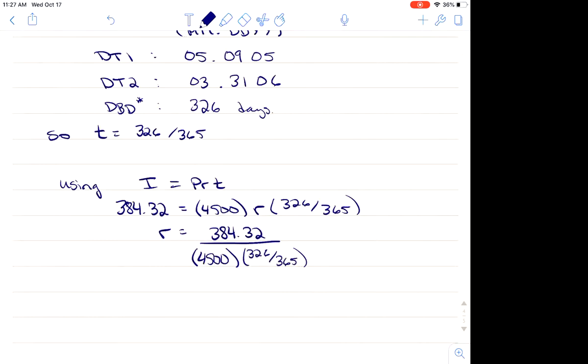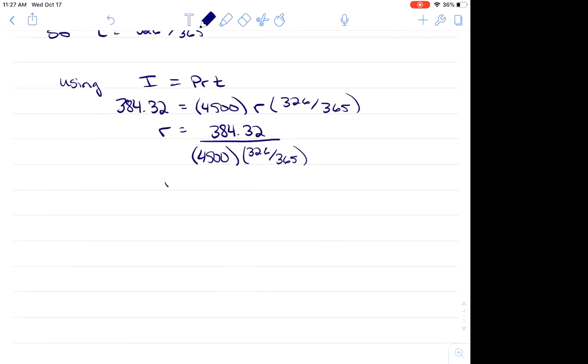I can simplify my denominator. 326 divided by 365 times 4,500. The rate is 384.32 on top, divided by 4,019.178082.